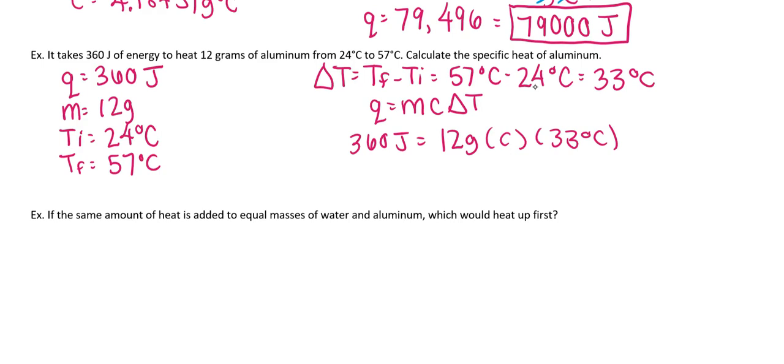Alright, when we go to solve for this, I'm going to take 360 joules. I want to get C by itself. So I'm going to divide both sides by 12 grams and also 33 degrees Celsius.